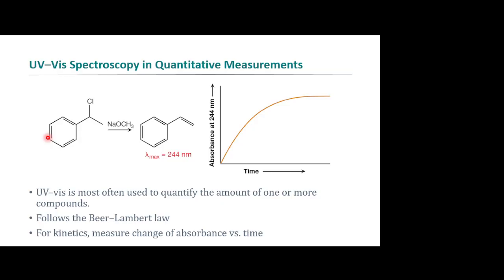Our reaction starts going, and we have very, very little absorbance, because we're specifically looking at this wavelength max. That's the wavelength we're monitoring. That wavelength max is because of this conjugation right here, isn't it? That double bond forming is giving us the wavelength max.